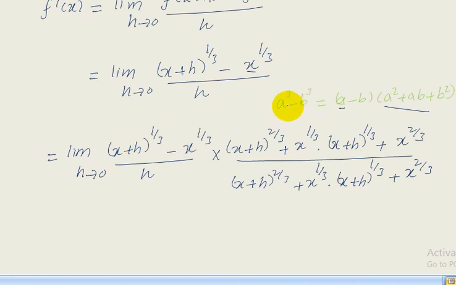Now we can apply this relation as a cube minus b cube is equal to a minus b into a square ab plus b square. Here x plus h whole raised power 1 upon 3, that is cube root of x plus h, is our a and cube root of x is our b.